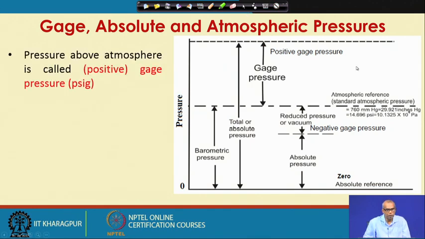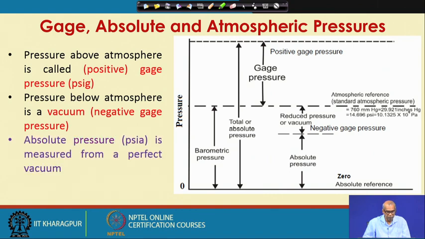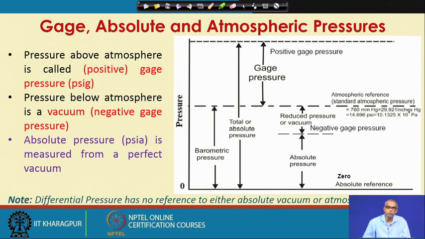So, pressure above atmosphere is called positive or gauge pressure, expressed as PSIG. Pressure below atmosphere is vacuum or negative gauge pressure. Absolute pressure or PSIA is measured from a perfect vacuum, that means 0 pressure. Differential pressure, which is the difference between two pressure sources, has no reference to either absolute vacuum or atmospheric pressure.